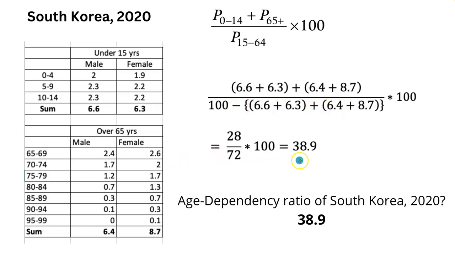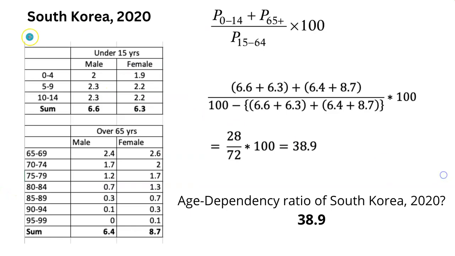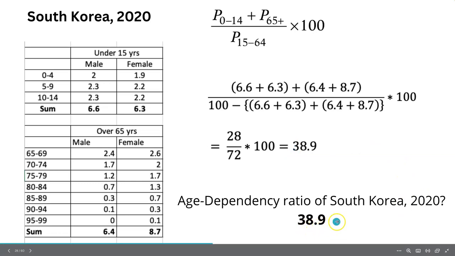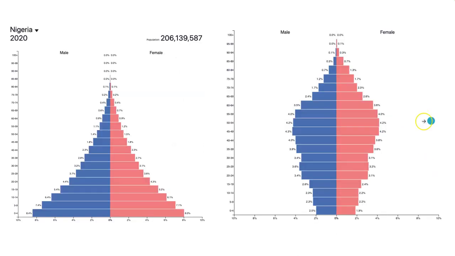After the calculation, 38.9, which means the age dependency ratio of the United, sorry about that, this is a typo. South Korea is 38.9, which is a very much smaller ratio. So based on the calculation, we can see very different levels of the aging process.